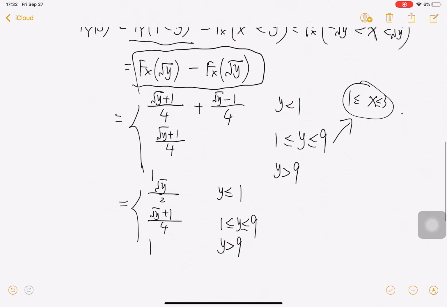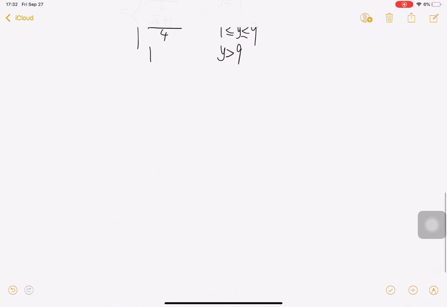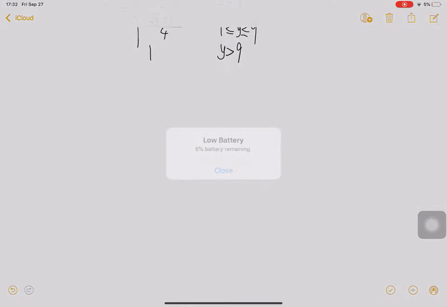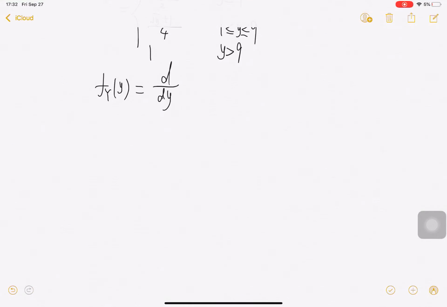The next step is to get the mass function, which is the derivative of the density function, right? So we take the derivative over y of the density function. Oh, sorry.